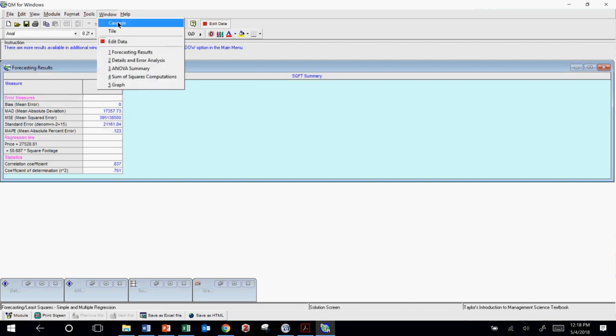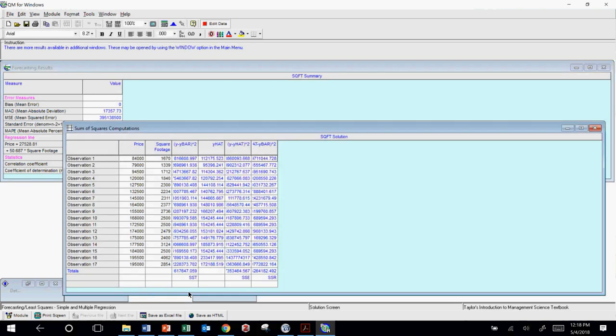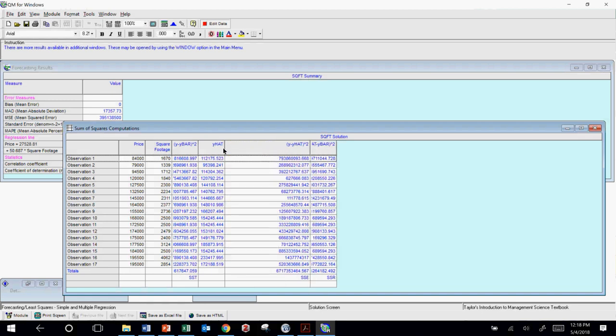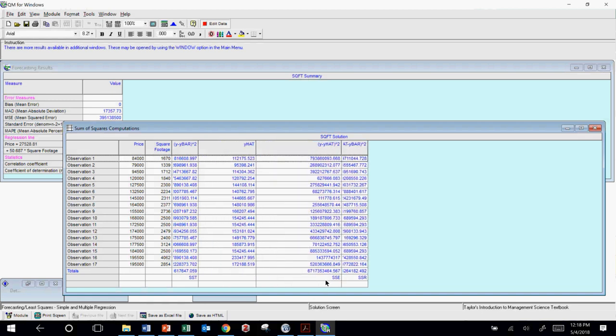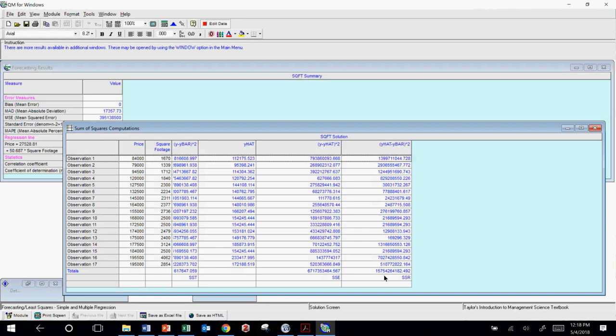And then we're also going to go to Window and look at our sum of squares computation. And we can widen these out. And we have our SSE of 67, our SSR, and our SST.